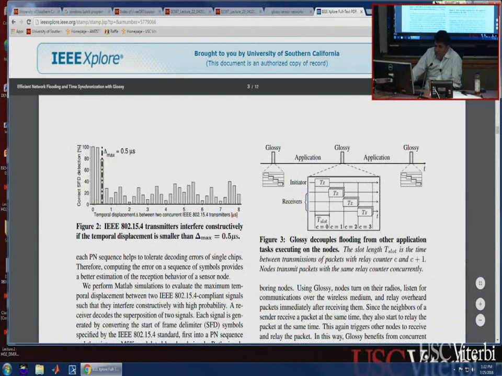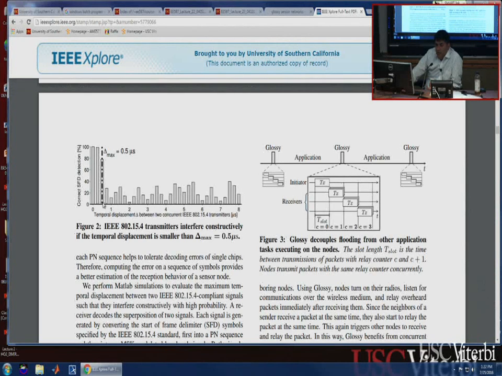that talk about what is the synchronization that you need for this particular radio that they worked with in order to get the performance to be high. And you can see kind of the x-axis here is the synchronization between two transmitters. The y-axis is what percentage of time you were able to decode the packet.